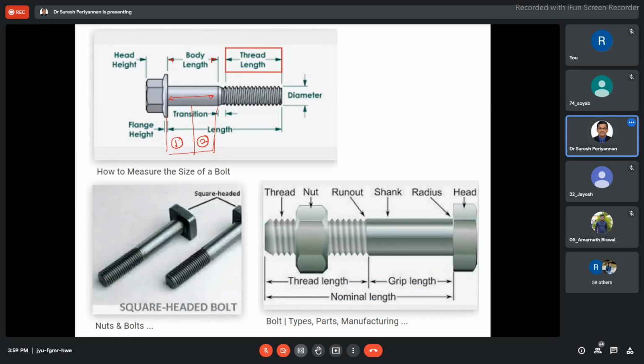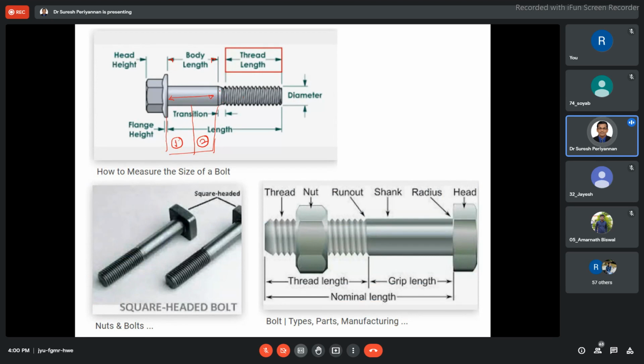Now this is a transition zone. You take any bolt and you can see there is some tapered dimension, because when you are using the nut, you can't use the threaded portion entirely.